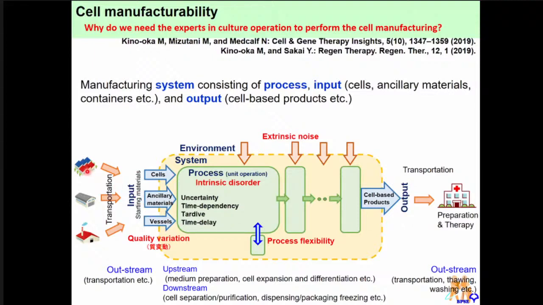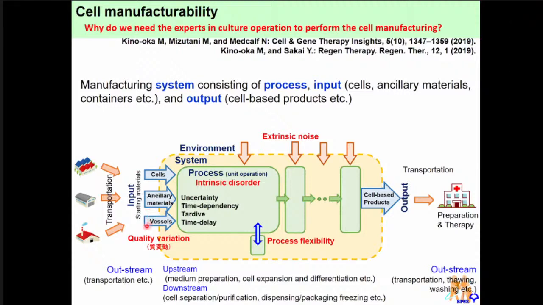From the company for the sales, transportation to come to the one company to produce the final product. So the materials input, one of the input is cells. Also the ancillary materials. Ancillary material is a kind of the medium or solution of the buffer solution or some other additional factors.